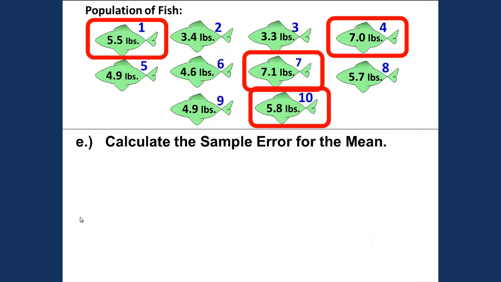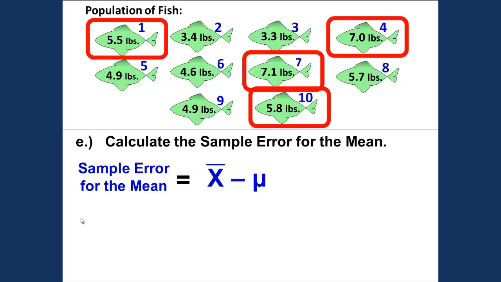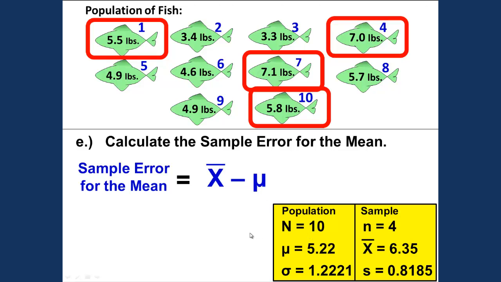Let's look now and calculate the sample error for the mean. The sample error for the mean simply takes what we found in our sample, the sample mean, minus the population mean. Here are our answers to the previous parts.